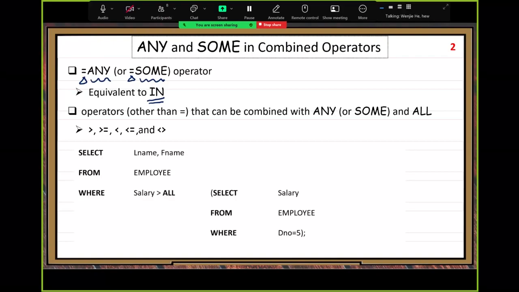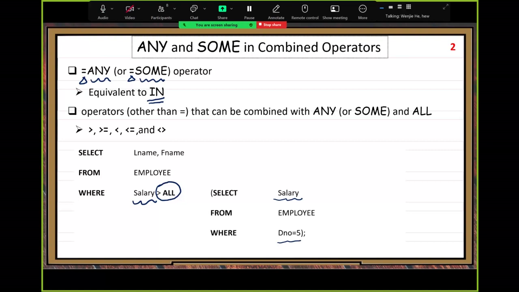Here there is an example, the salary part. The outer query is on employee, with salary greater than all, a combined operator, then the inner query on department 5. The inner query gives the salaries of those employees in department 5.